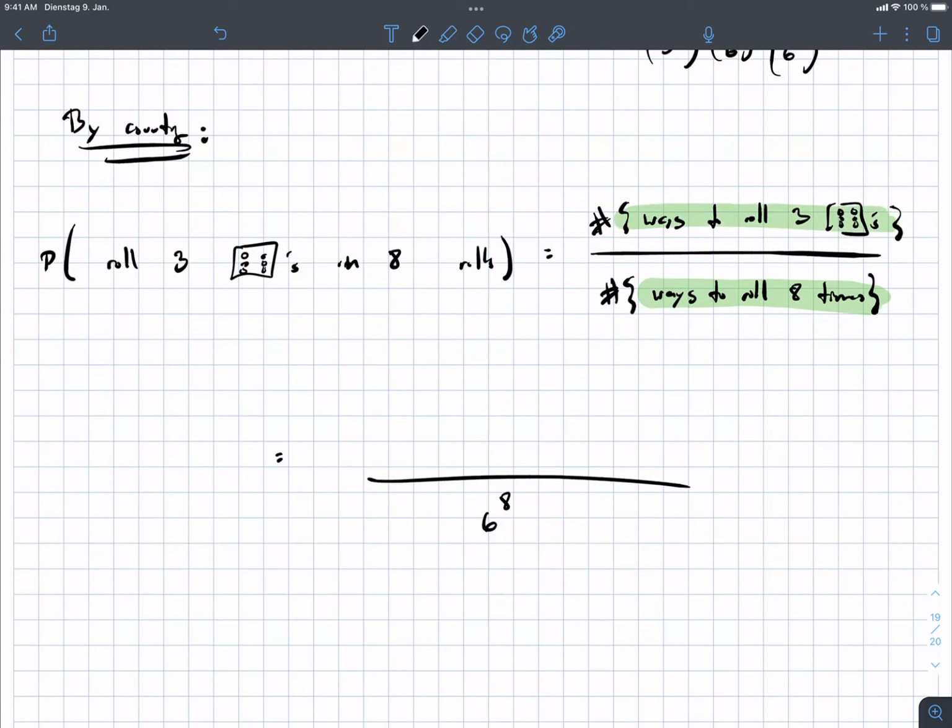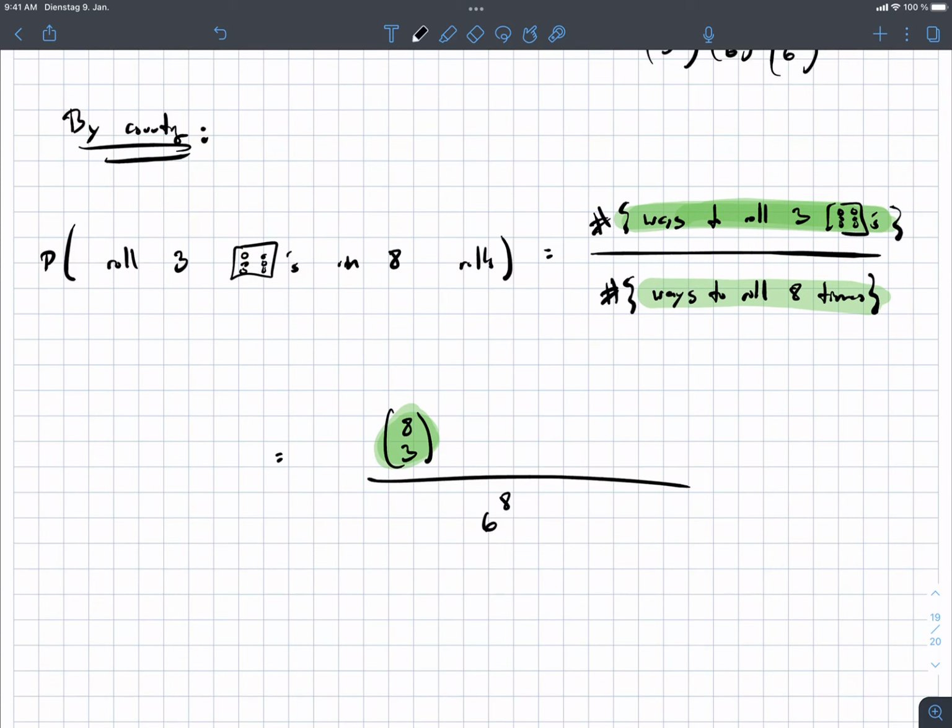I'm going to roll 8 times, and I need to choose which 3 of those 8 are going to be my 6s. And then once I do that, I still need to count what comes up on the rest of the rolls.